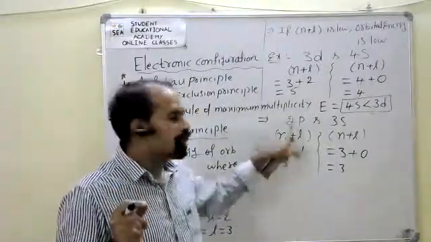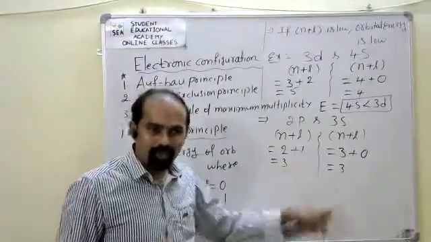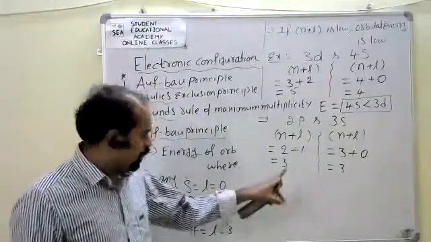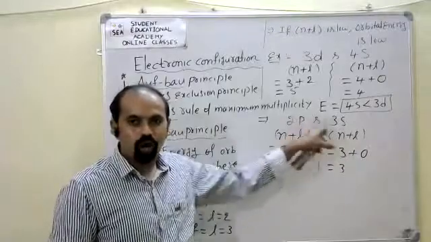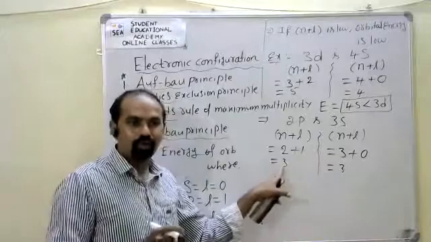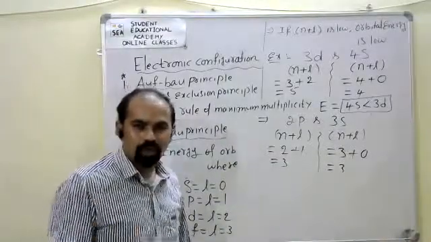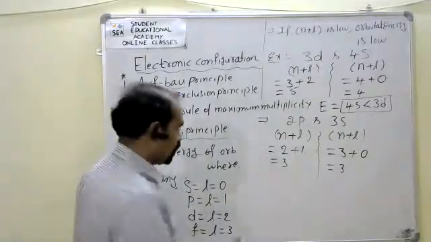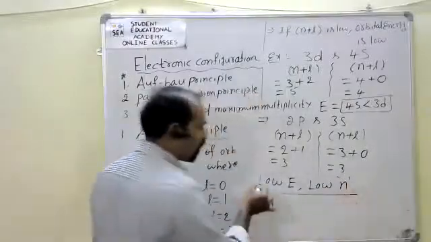But here, both orbitals have the same n plus L value. In this case, how do we say which has low energy and which has high energy? If two orbitals have the same n plus L value, the lowest energy belongs to the low n value orbital.